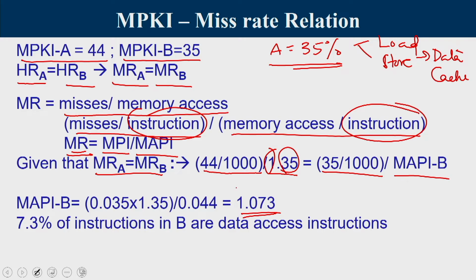We know that 1 is for iCache access. There is always one instruction being accessed for every cycle, so for every instruction there is one memory access from the iCache. So, the remaining is 0.073. So, 7.3% of the instructions of B are data access instructions.